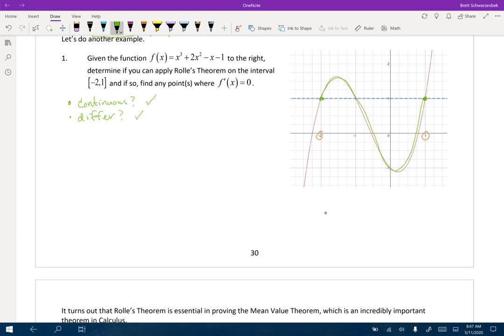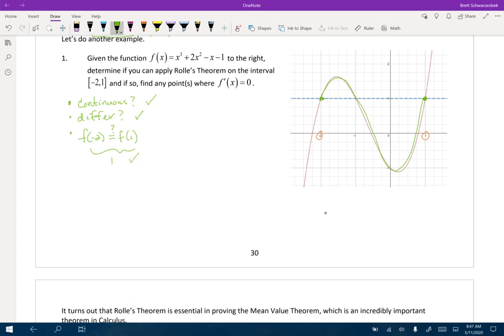Obviously, it's a polynomial, so there can't be any issues with that. And is f of negative 2 equal to f of 1? Okay, so is that true? If we look at the graph, we can clearly see that both of these are 1, which means that it's good.